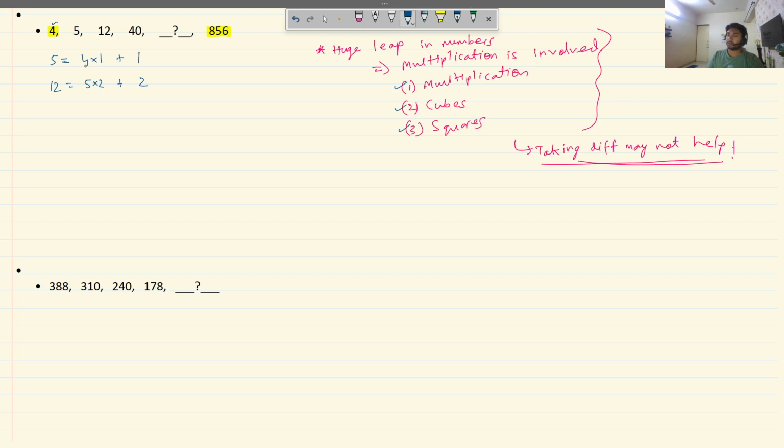My next number is the previous number multiplied by an integer which keeps increasing, and the same integer gets added. Let's see if my logic holds for 40. So 40 should be 12 into 3 plus 3. 12 into 3 is 30.